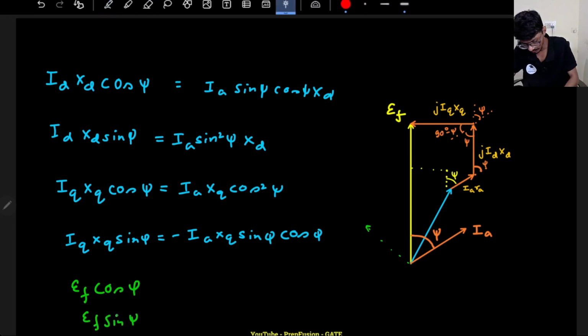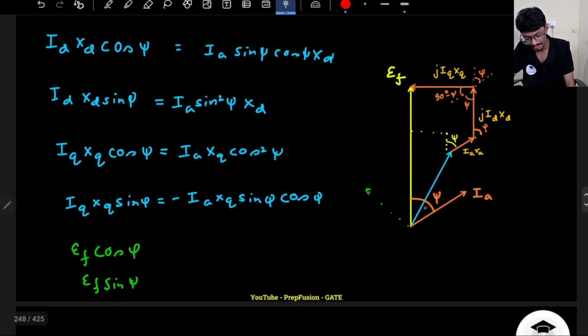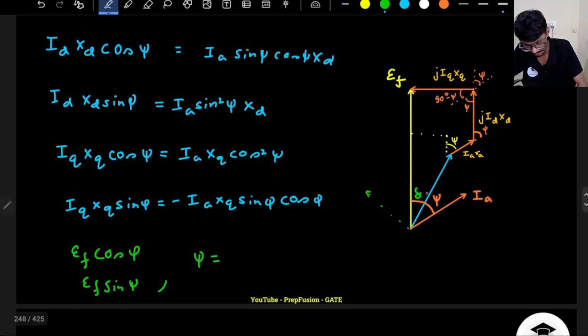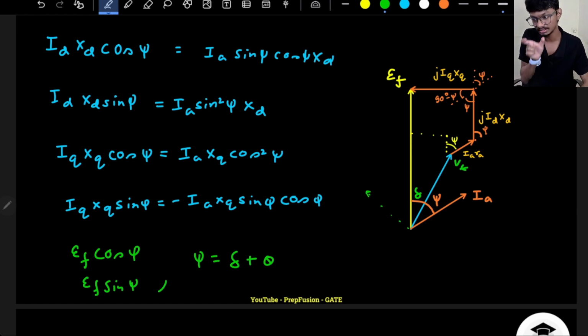If I take the ratio of these two, I will be able to get my tan psi value. That is the important portion to me. One more thing is important here: psi is equal to, for a lagging load, this is delta, this is Vt, so it will be delta plus theta for a lagging load. For a leading load, you just replace theta with minus theta. That's it.